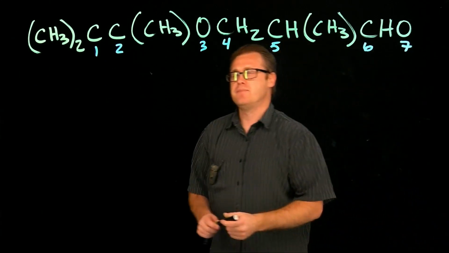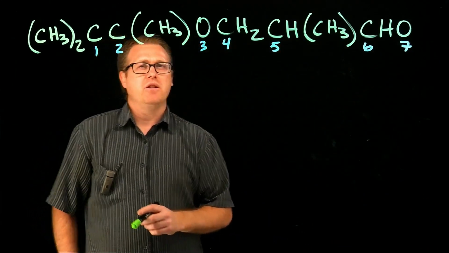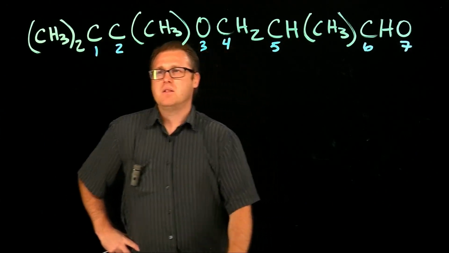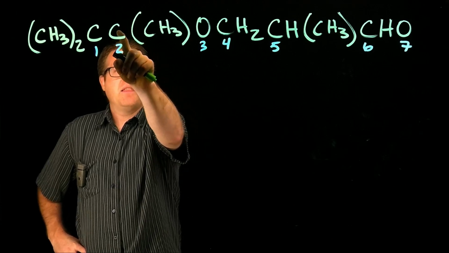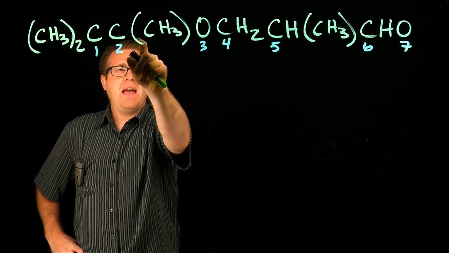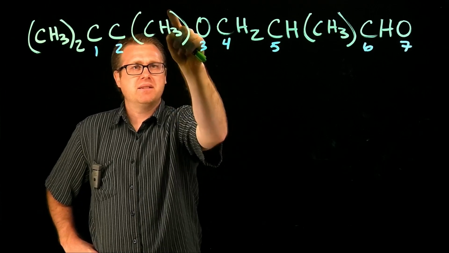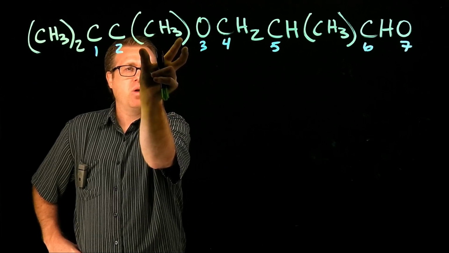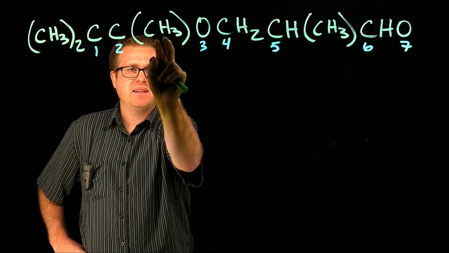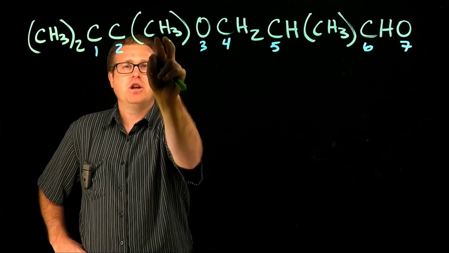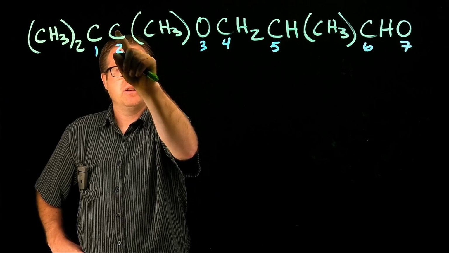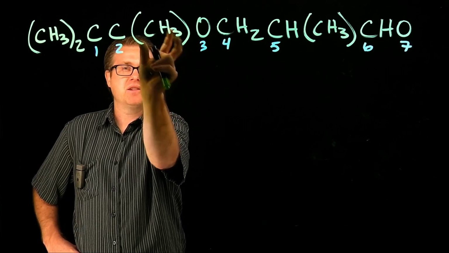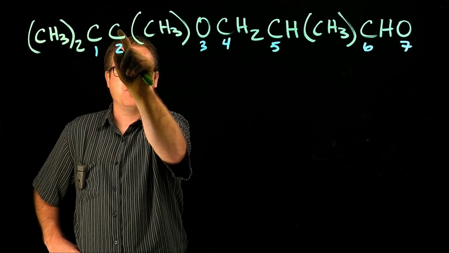So when I look at this structure here, I see that whenever you have parentheses, that group inside the parentheses is going to be attached to the carbon that is right before it. So here's the parentheses, so right before it, it goes on this carbon.